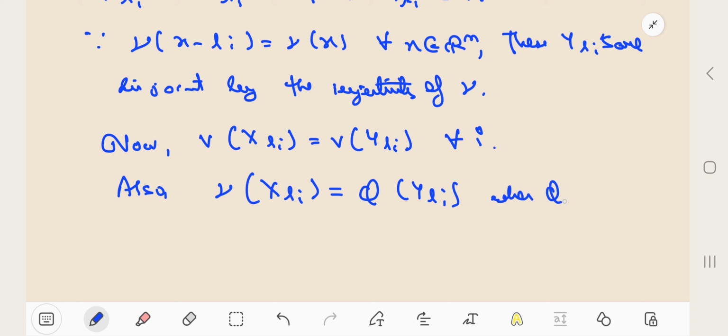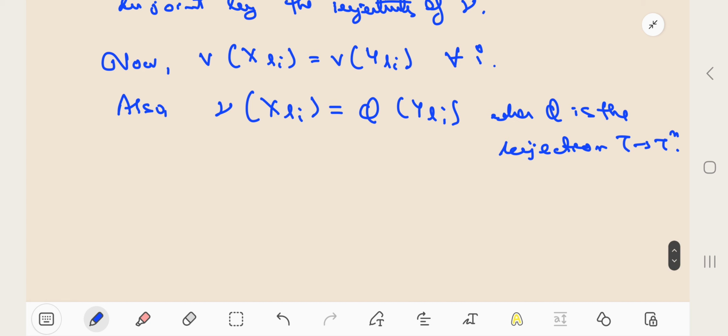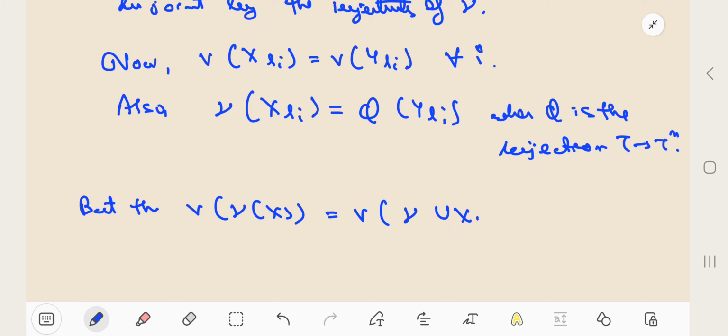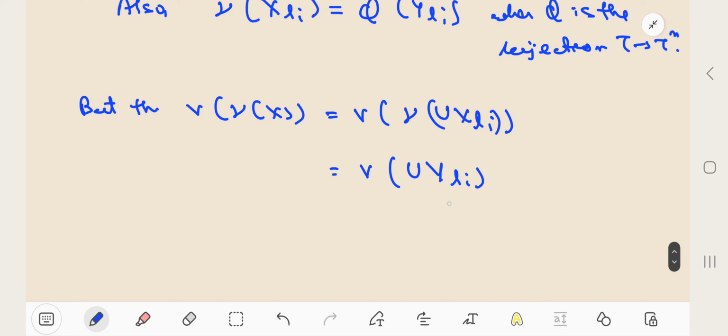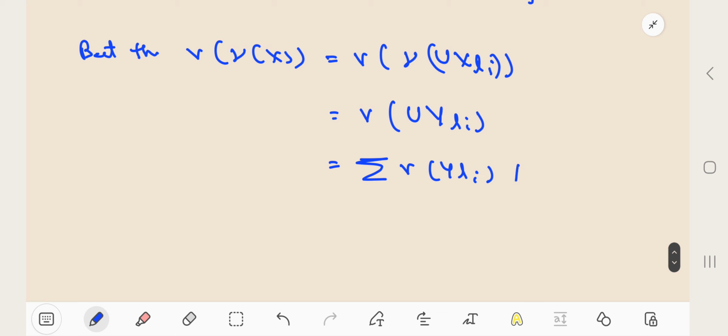Here phi is the bijection from T to Tn. But now observe, when I check the volume of the image of X as a whole under gamma, it is just the volume of the union of these XLis under gamma, but gamma of the union of these XLis is just the union of these YLis. We know that these YLis are disjoint, so this is just the summation of the volumes of these YLis. This follows from disjointness.